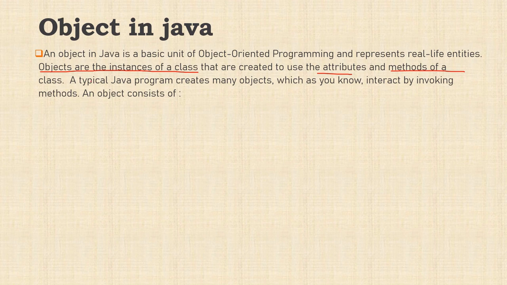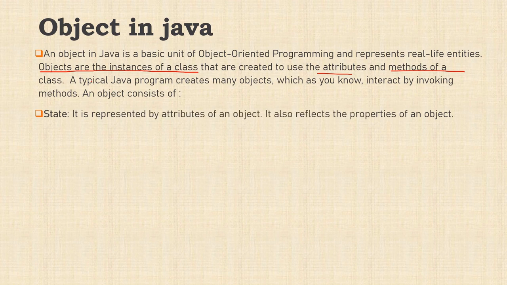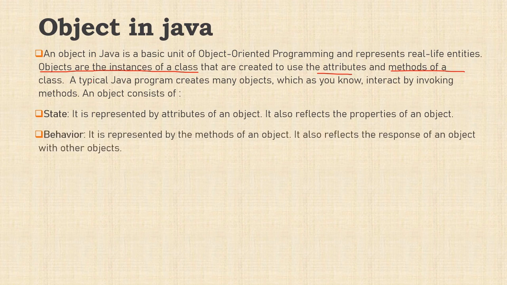A typical Java program creates many objects which, as you know, interact by invoking methods. You can create multiple objects of any class, multiple instances of a class. An object consists of state and behavior. State is represented by the attributes of an object.